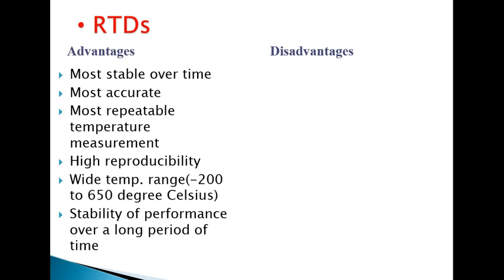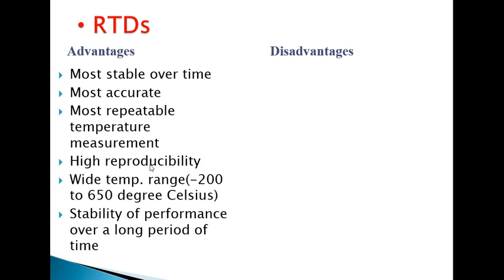So let us see the advantages and disadvantages of RTDs. Which are the advantages? It is stable over time, or we can say more stable over a period of time. Its accuracy is also high. It gives the most repeatable temperature measurement. Repeatability we have already discussed, and it is very good.